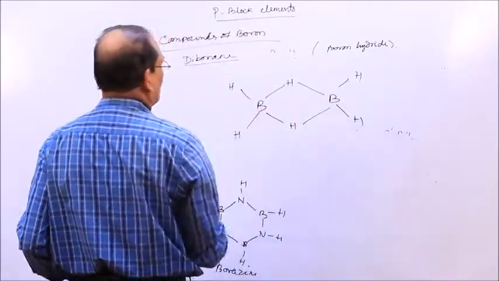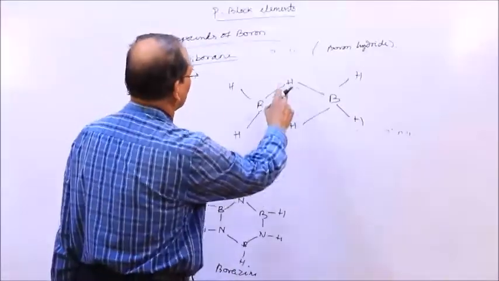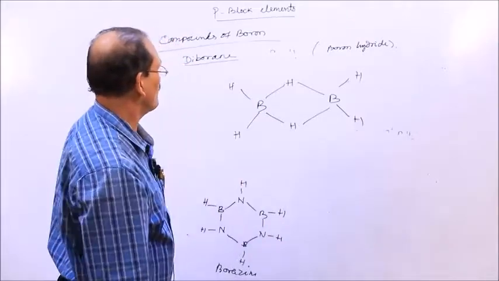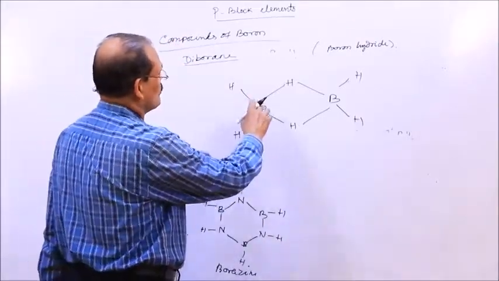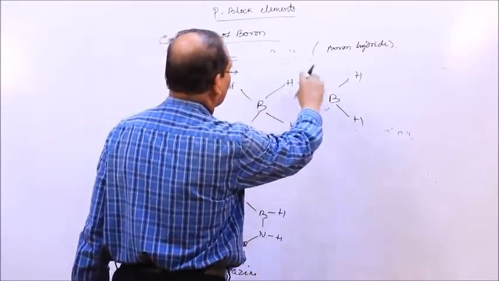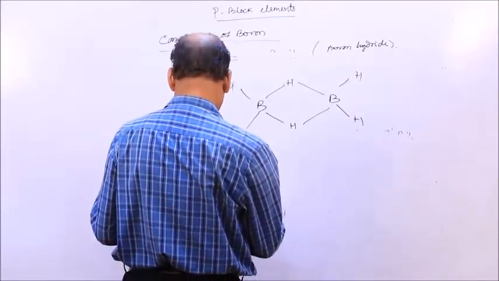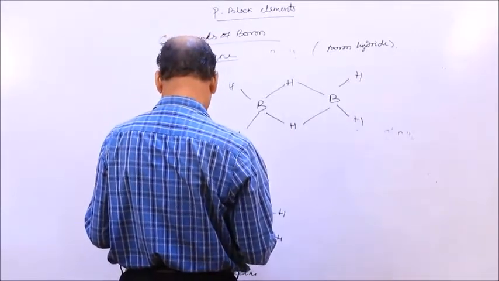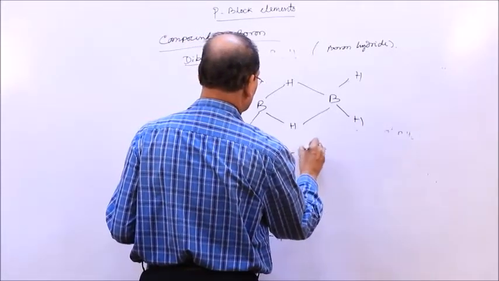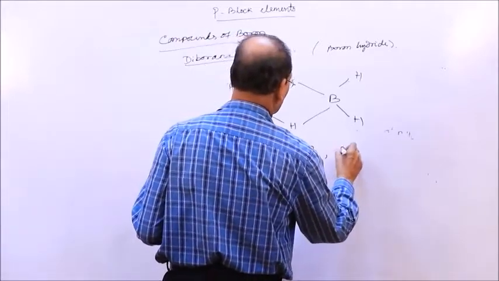And the structure of diborane: two boron atoms are bridged with two hydrogen atoms. That means one hydrogen is bridged with the two boron atoms. So it is a 3 center 2 electron system. Two center two electron bonds are also there.